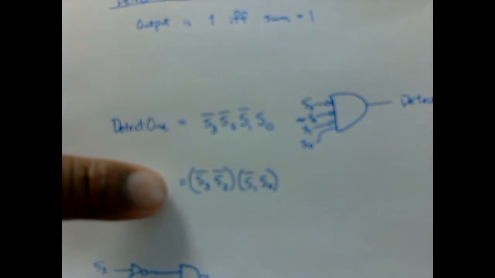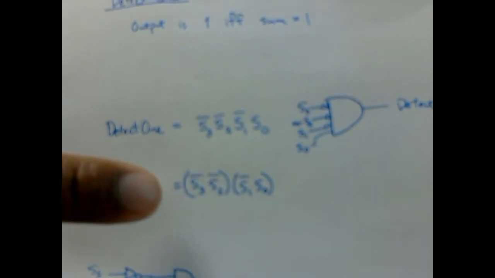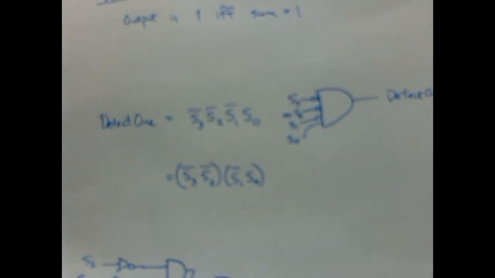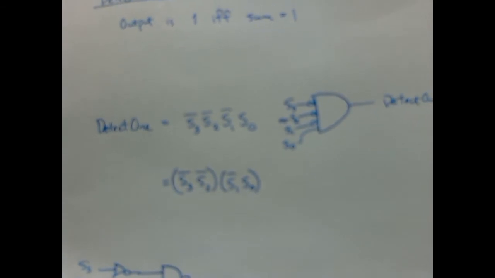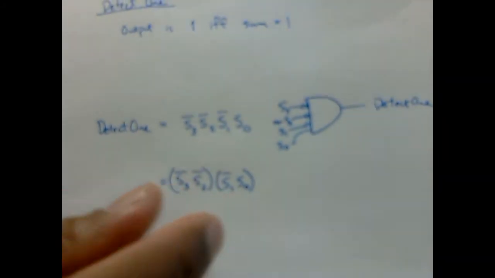I've basically factored the terms into (S3 bar, S2 bar) and (S1 bar, S0). I could implement what's inside each of these parentheses with some inverters and a 2-input AND, and then take the whole thing and implement that with another 2-input AND. So my resultant circuit would look something like this.